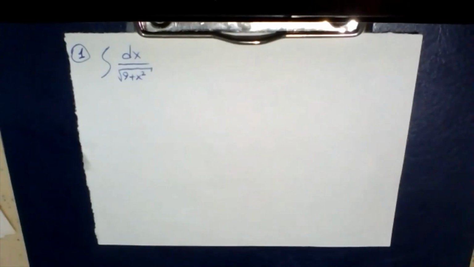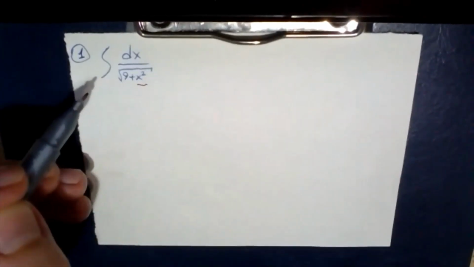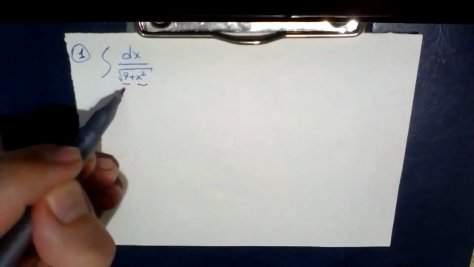Yes, for this integrand, the complicated part of the integrand is the denominator, and inside the square root, we have 9 plus x squared. So we have some squares. This is in square form, and 9 is also another square. We can consider it as a square of 3.